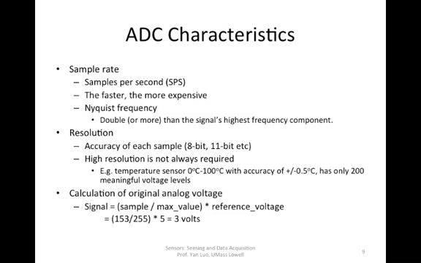So for example, if the sample value is 153 and the max value is 255 and the reference voltage is 5 volts, using this formula, we can know that the voltage from the sensor output is roughly 3 volts.